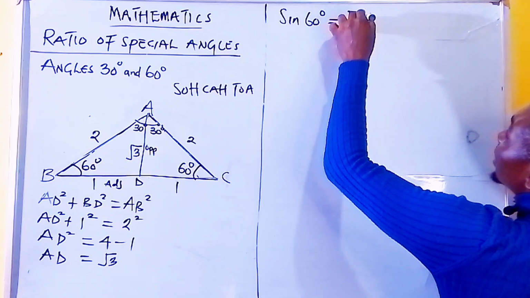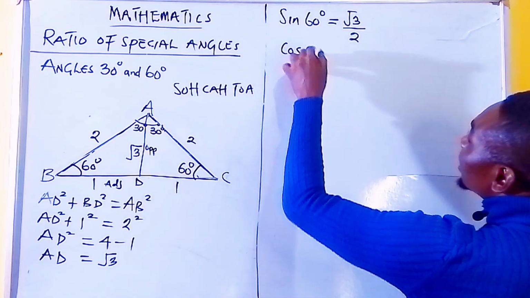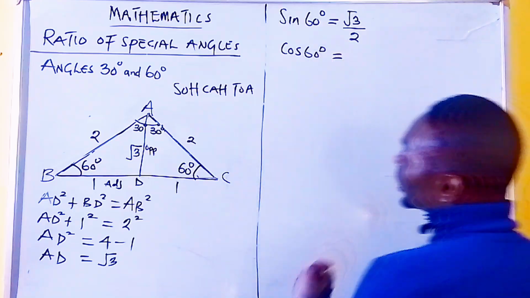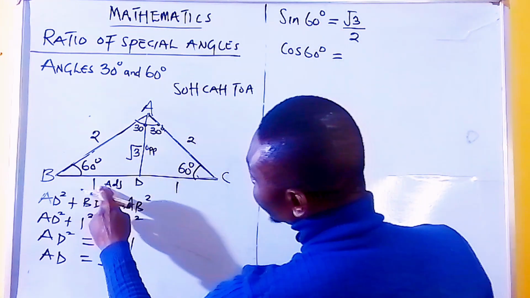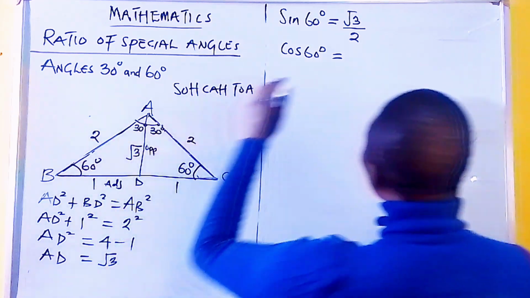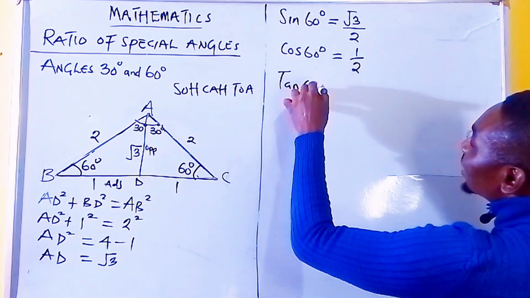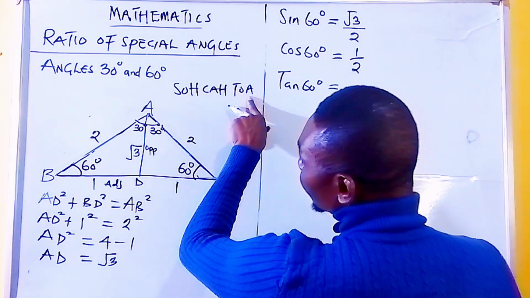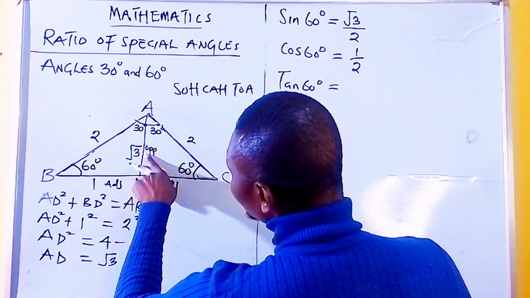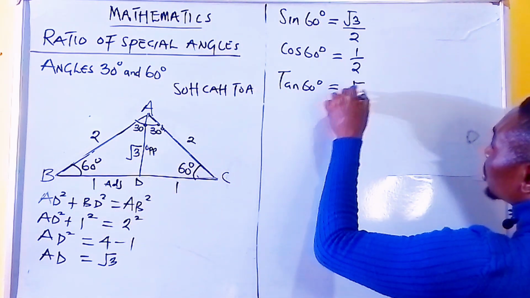So we have root 3 over 2. Then cos 60 degrees will be adjacent over hypotenuse. This is the adjacent, 1 over 2. Then we have tan 60 degrees, which is the opposite over the adjacent. That is root 3 over 1, which is root 3.